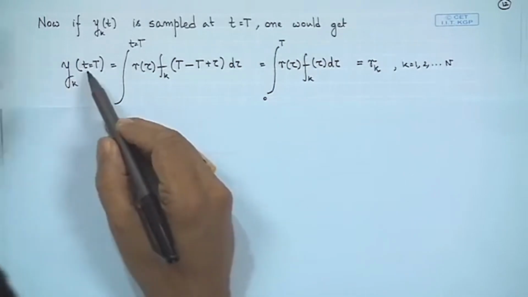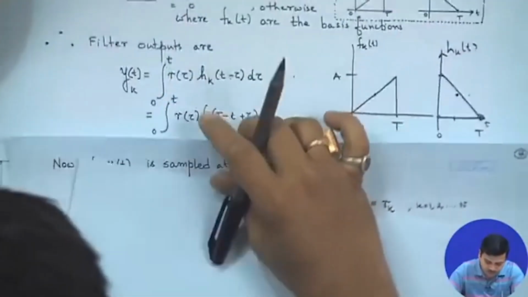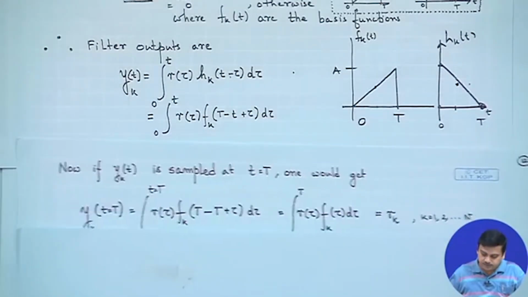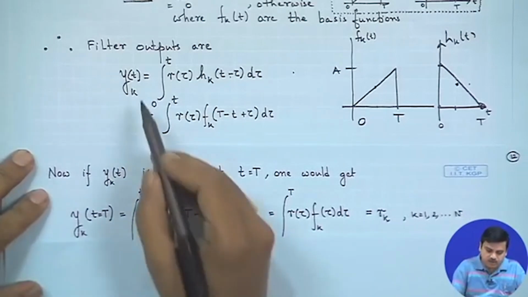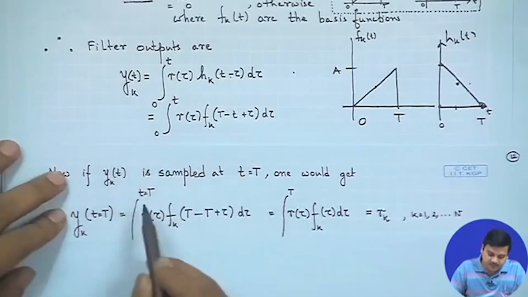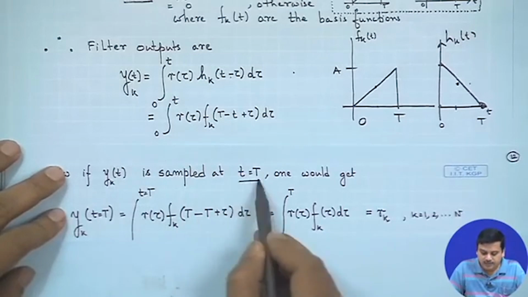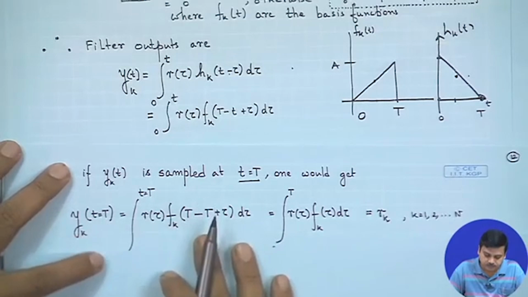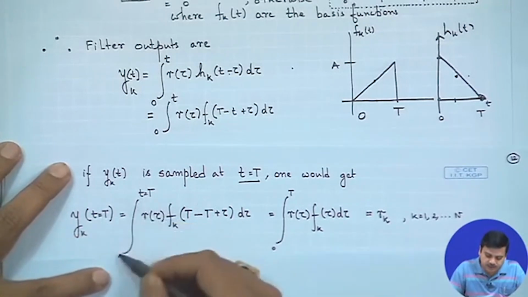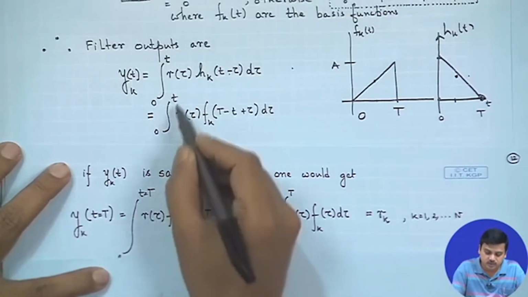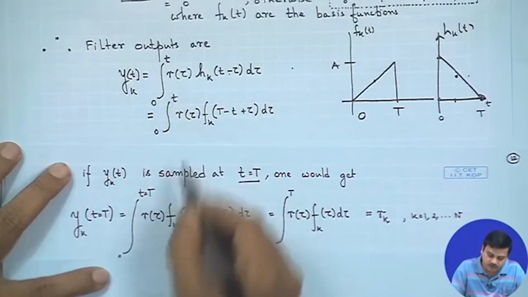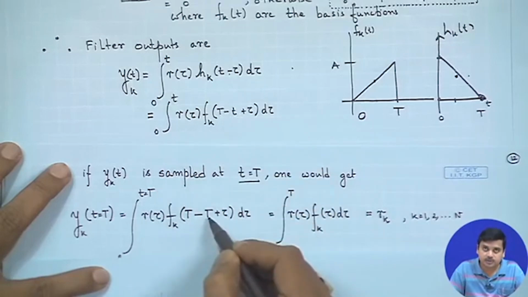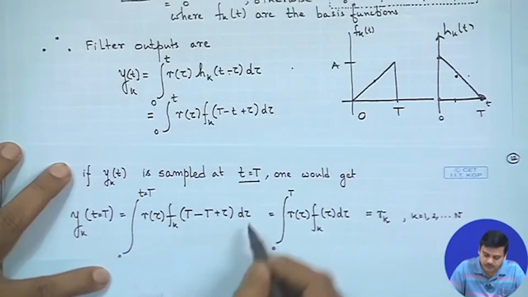That is yk, we will use this expression that we had seen before, you would replace t equals to capital T, with integration limit from 0 to T. So, only small t gets replaced by capital T, r of tau fk of (capital T minus tau) d tau.